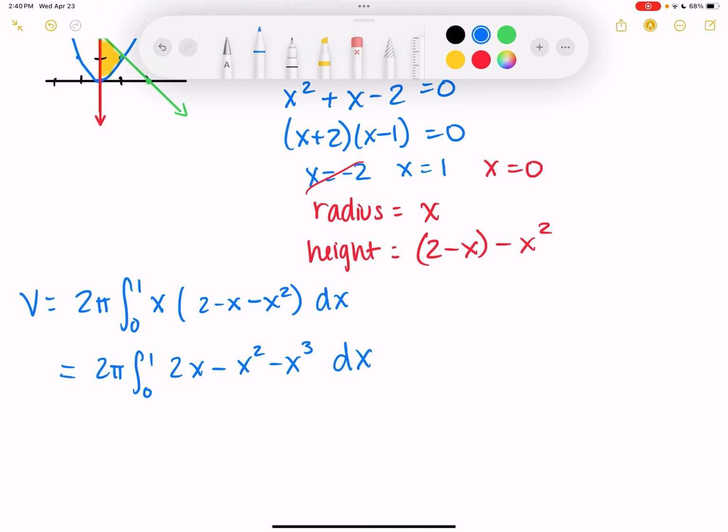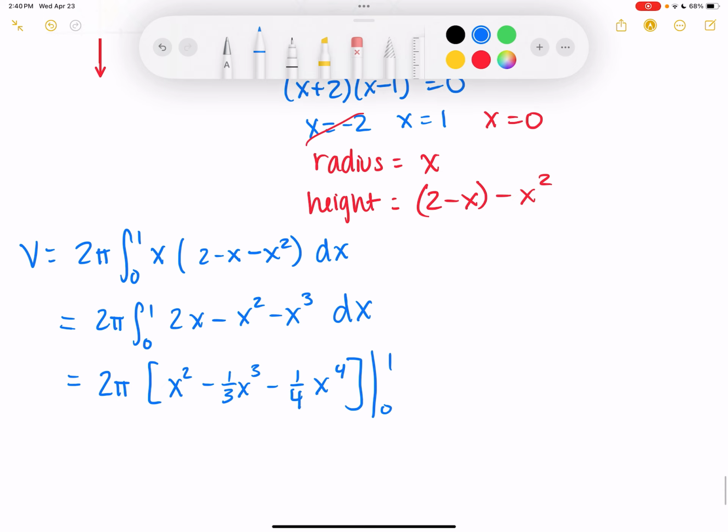So 2 pi times, what is the antiderivative of this? x squared minus 1/3 x cubed minus 1/4 x to the 4th, evaluated from 0 to 1. So I'm keeping the 2 pi out front until I'm ready at the end.